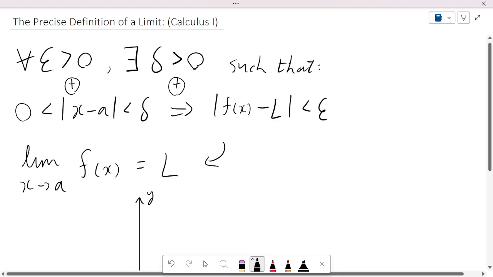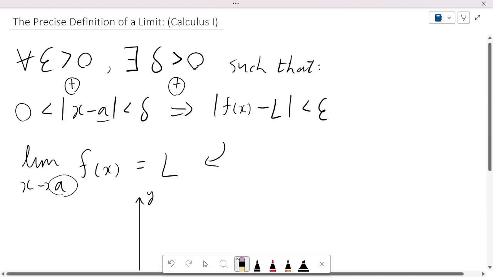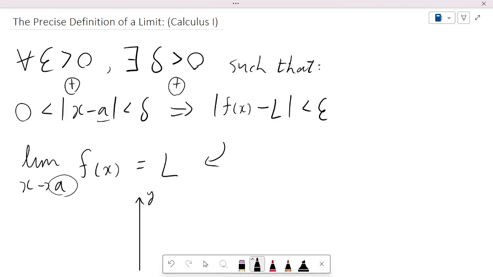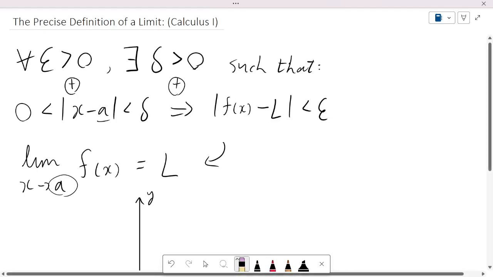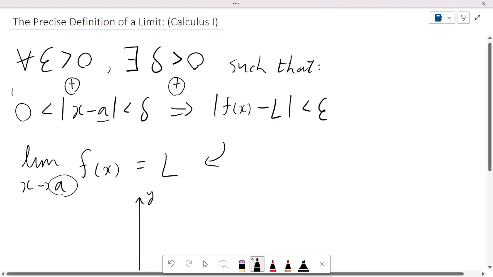And now we say such that, then we have this x minus a, which actually our a value comes from our limit, sorry. And over here, this whole absolute value is going to be in between 0 and delta. And because we have the absolute value, we know that the final answer will be positive. So that's what makes this first part true over here.